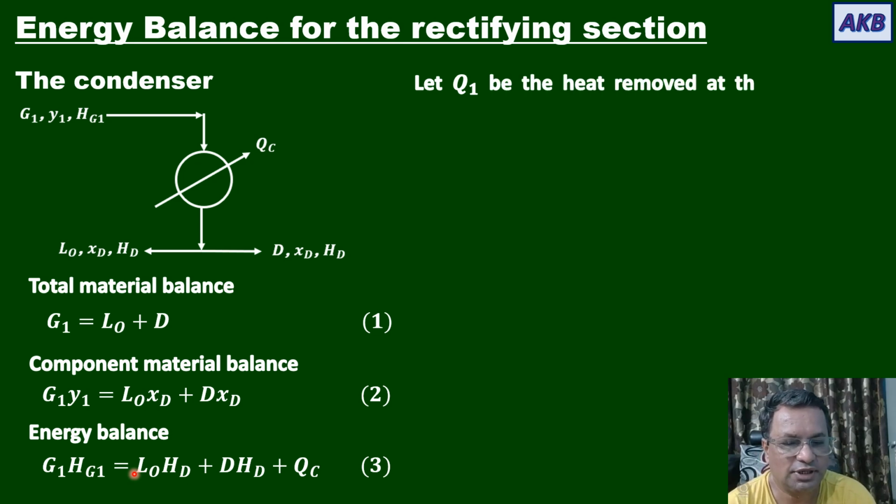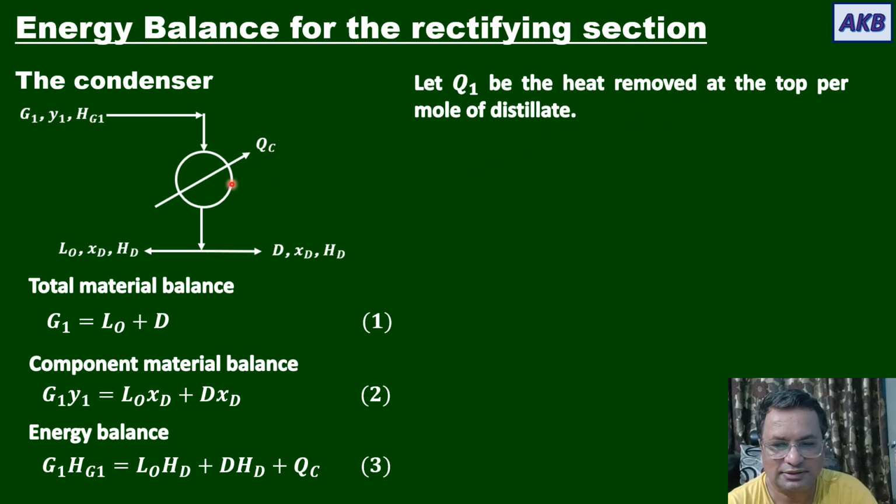Now I'm calling Q1 the heat removed at the top per mole of the distillate, the heat totally removed from the system. The condenser is at the top. If you look at this schematic diagram, you can easily identify what is happening at the top.